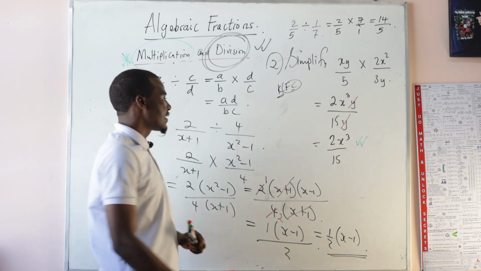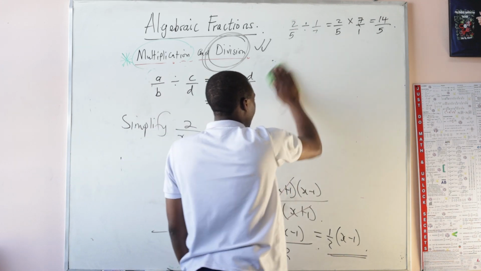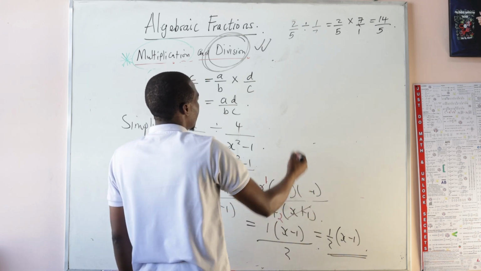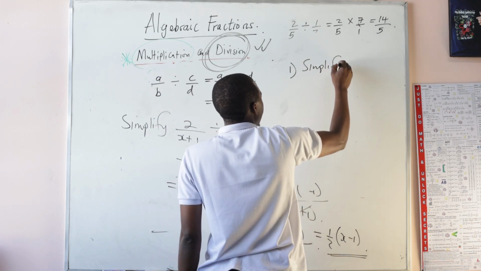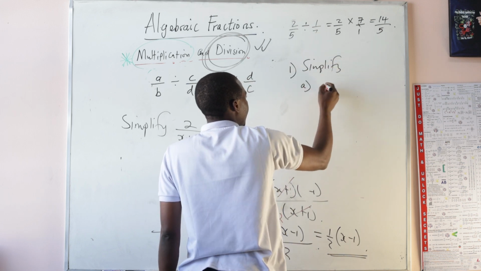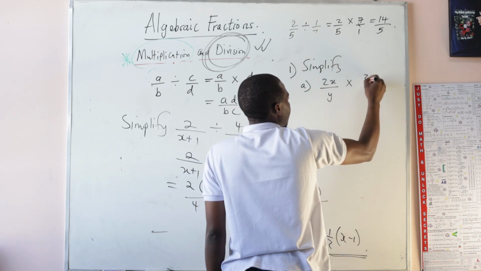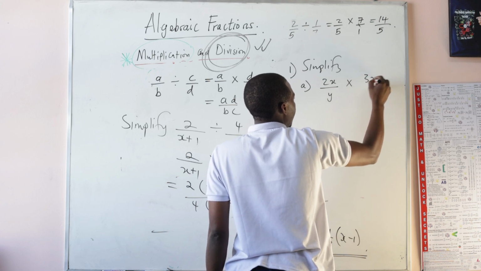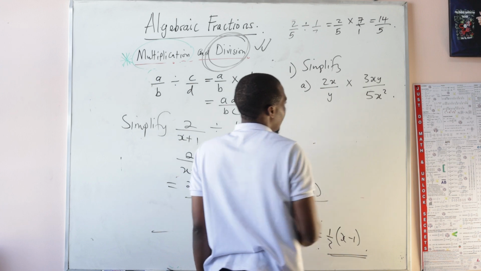Let me give you an exercise so that you can try on your own. I'm going to give you only two problems. The first one says simplify: a, we've got 2x over y times 3xy over 5x squared.